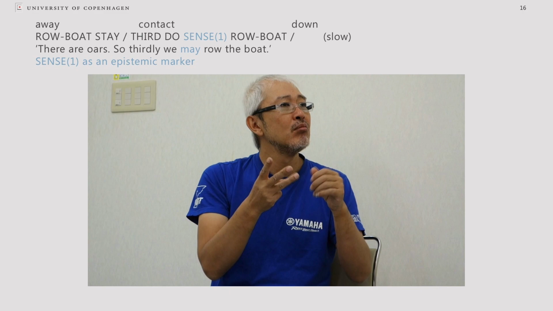In this next example, he uses sense in the middle of the clause to express epistemic uncertainty. And the example means there are oars. So thirdly, we may row the boat.